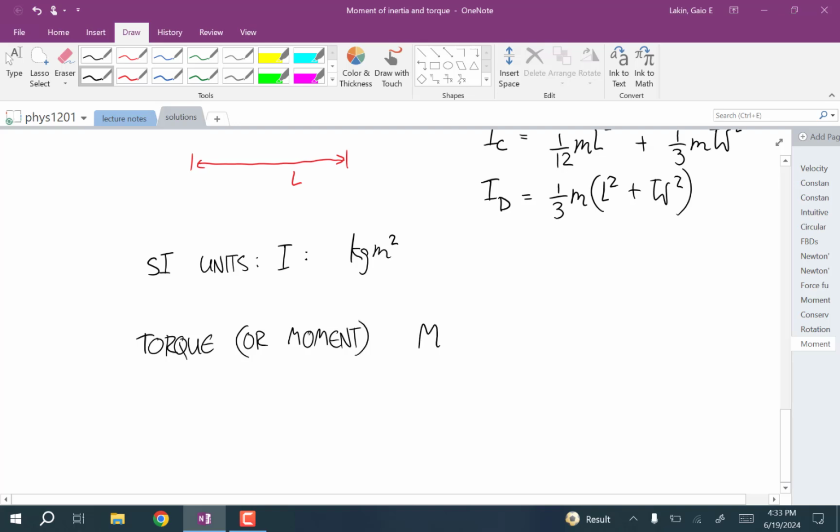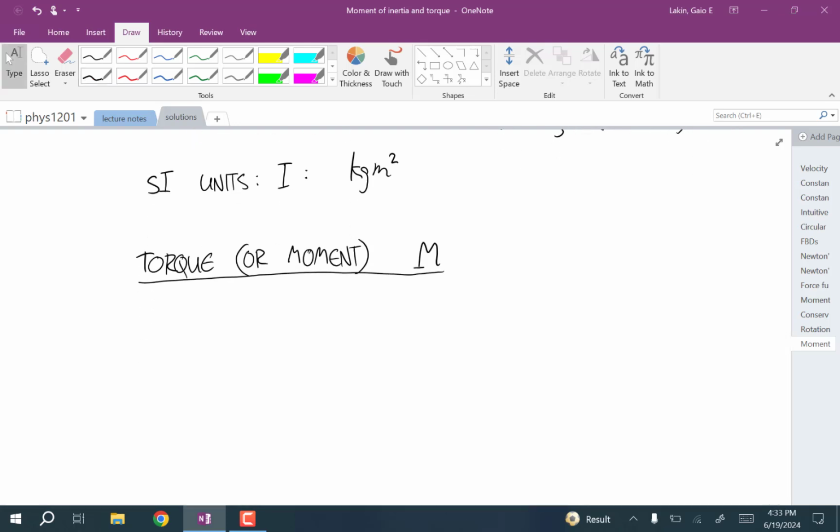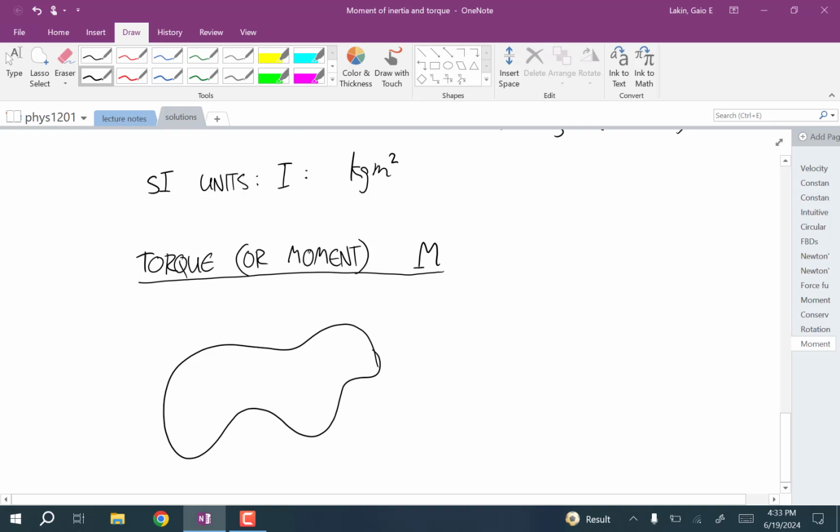And I'm going to denote that with a capital M. So in order to do this calculation, let's say we have this arbitrary body, and this is the pin. This is our about point.